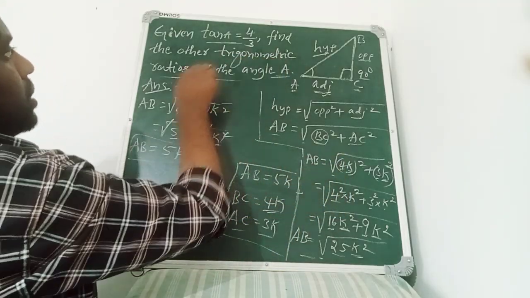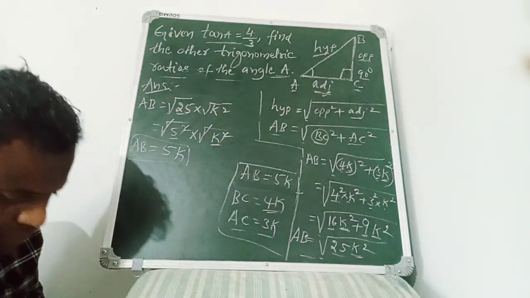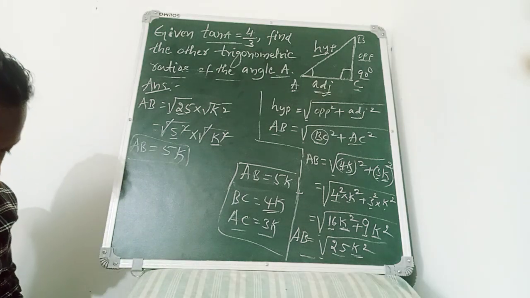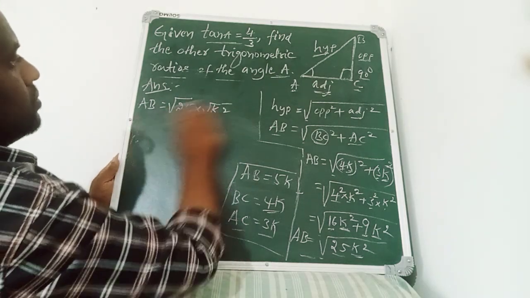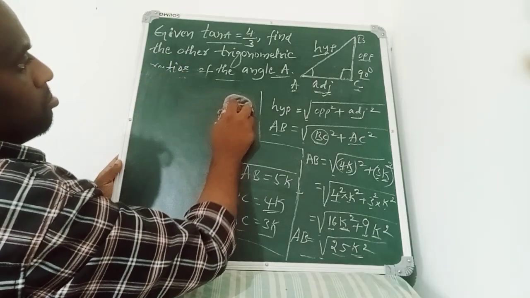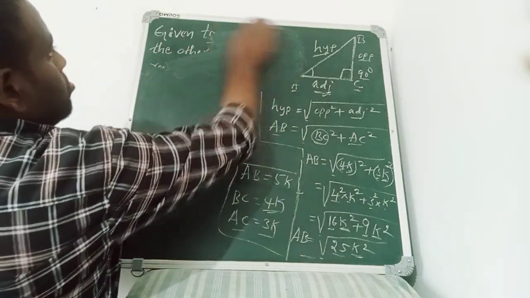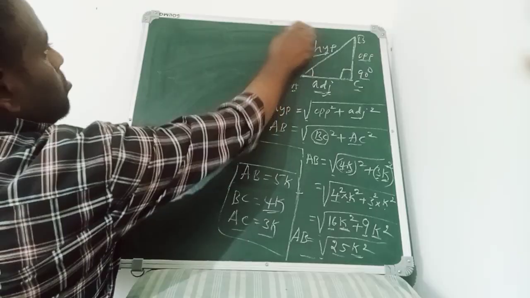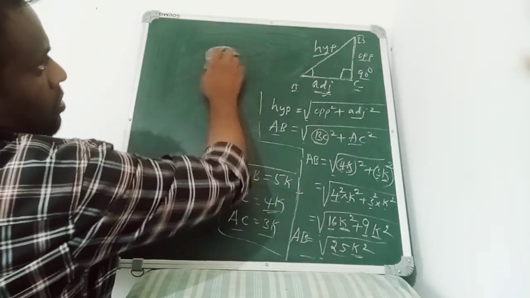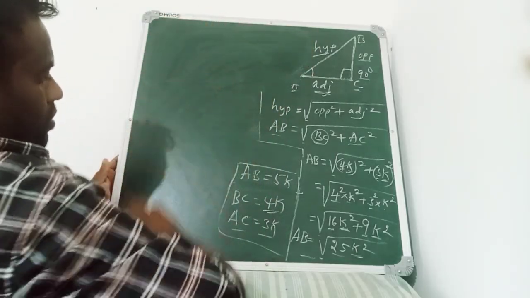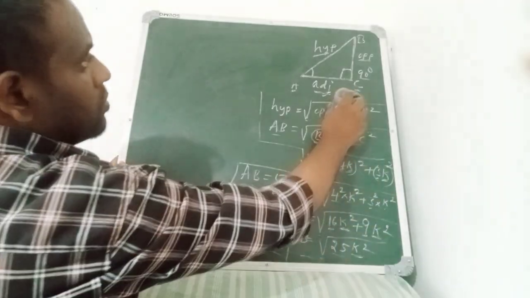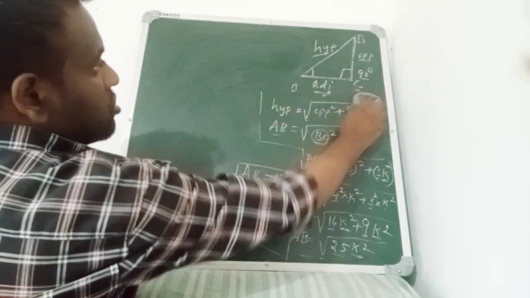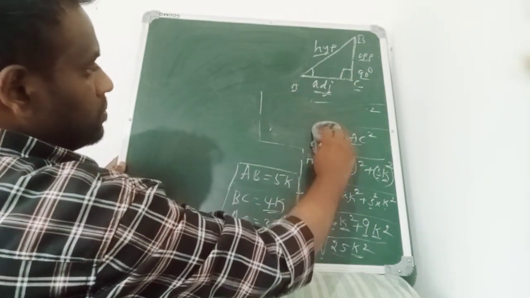We need to find the trigonometric ratios. The diagram I will keep as it is because we need that.